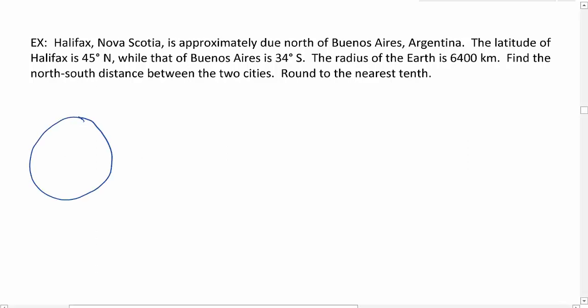Draw our Earth. And they give us these latitudes, and latitudes are based from the center of the Earth and the equator. So here's the center of our Earth. If Halifax is 45 degrees north, that means from the equator, we want to go 45 degrees right here.